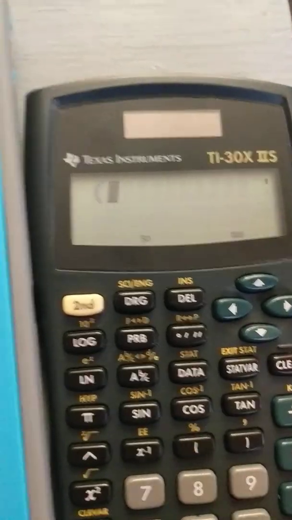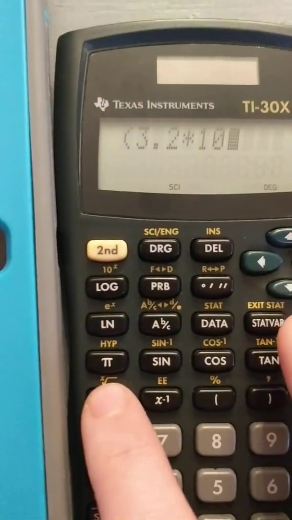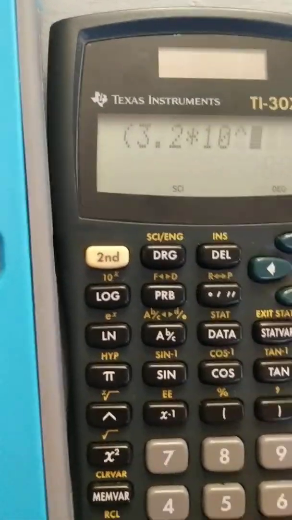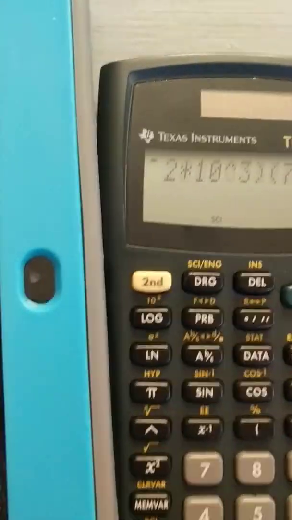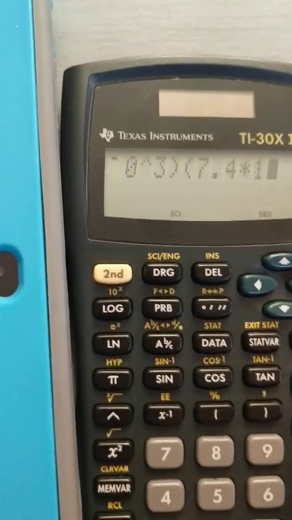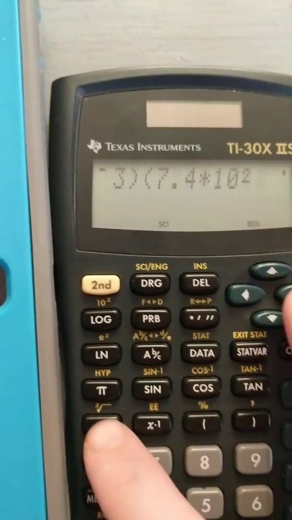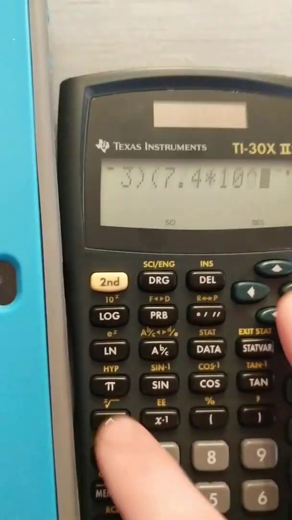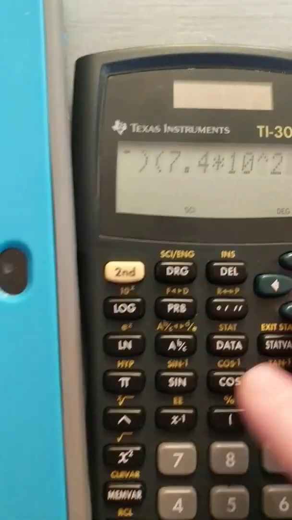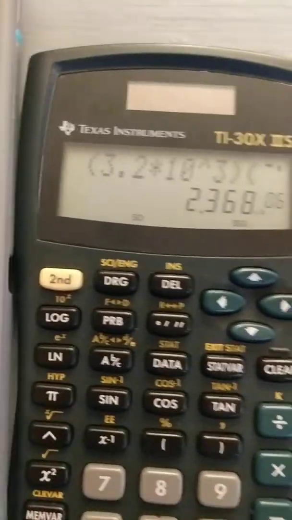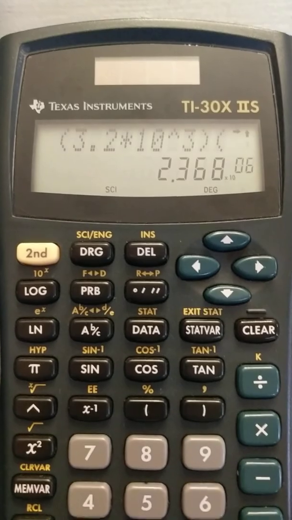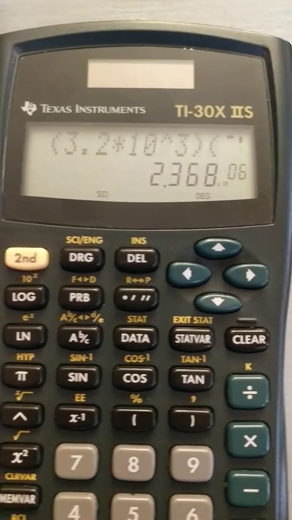Okay, so put your parentheses and then 3.2 times 10 raised to the 3rd, and then close your parenthesis, another parenthesis, 7.4 times 10 raised to the 2nd. Okay, and that gives us 2.368 times 10 to the 6th power.